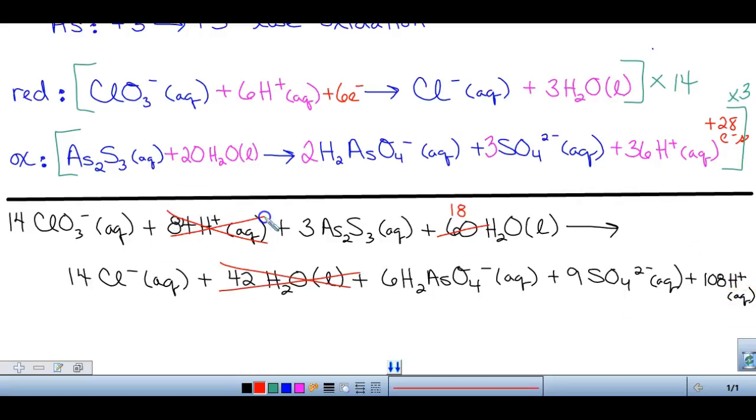So I'm going to cancel that out. And let's see, 108 minus 84 leaves 24 hydrogen ions. And that should be the only things that can cancel.